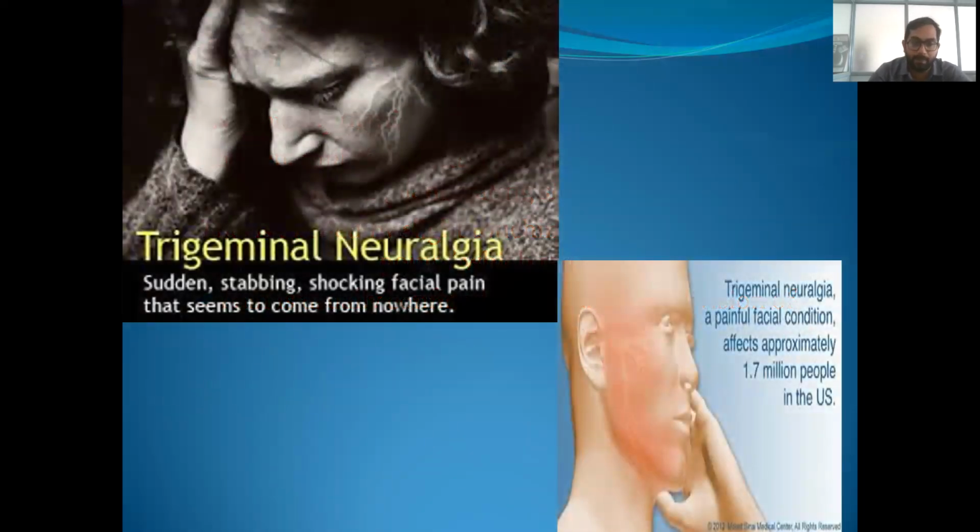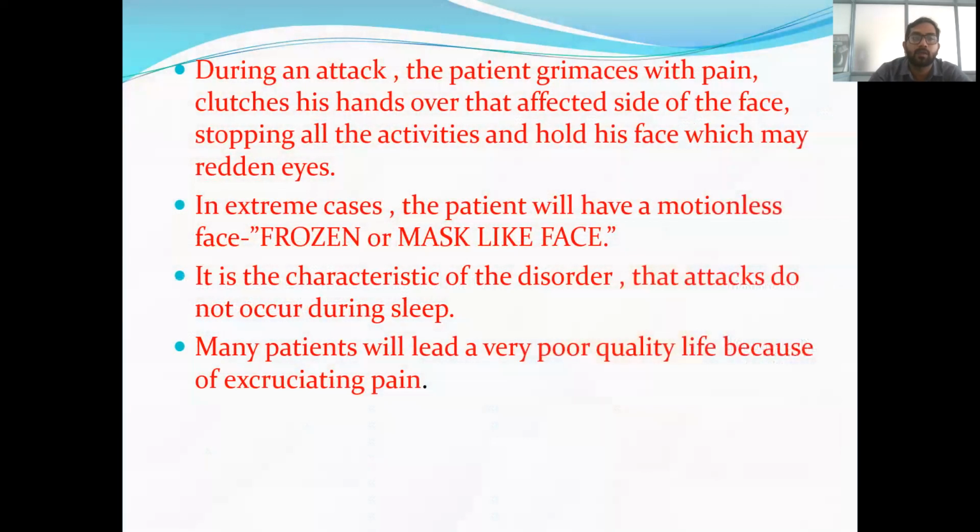Trigeminal neuralgia is basically a sudden, stabbing, shocking facial pain. It seems to come from the nerve. During an attack, the patient grimaces in pain and clutches his hands over the affected side of the face, stopping all activities, holding his face, and there may be reddened eyes.